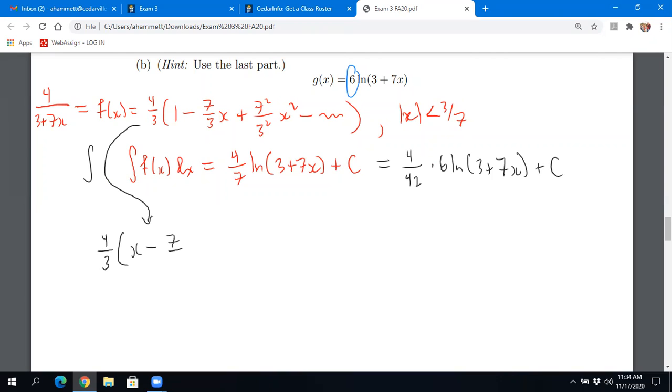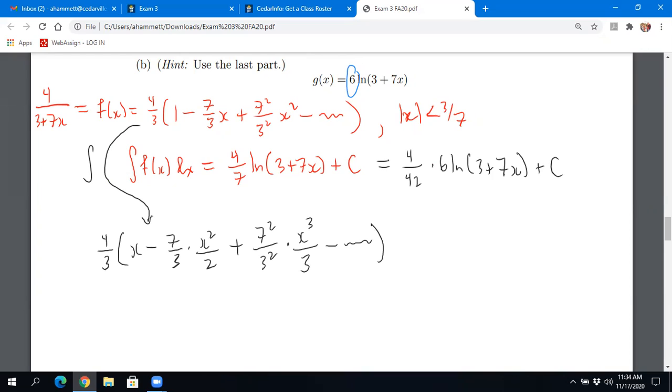Minus 7/3 times x squared over 2, yes? What's the next thing? Minus, or sorry, plus 7 squared over 3 squared times what? x cubed over 3 minus etc.